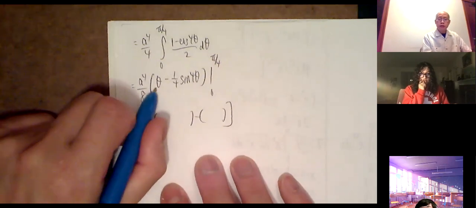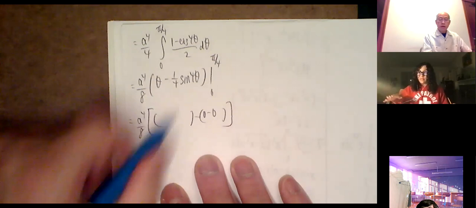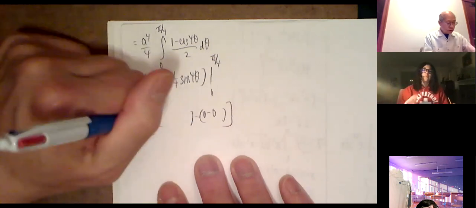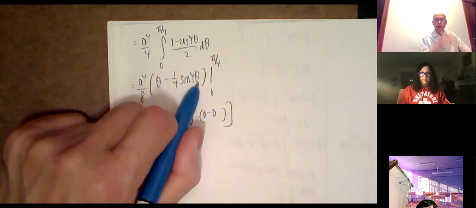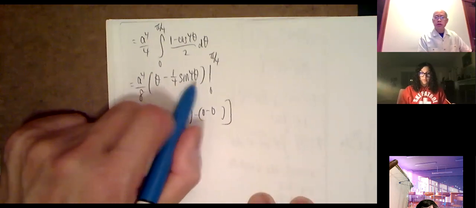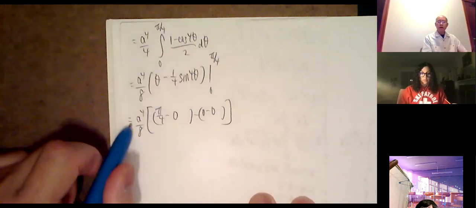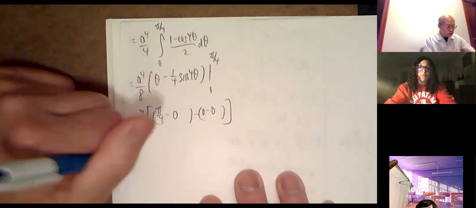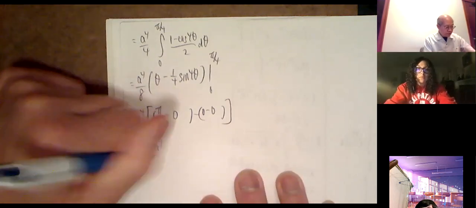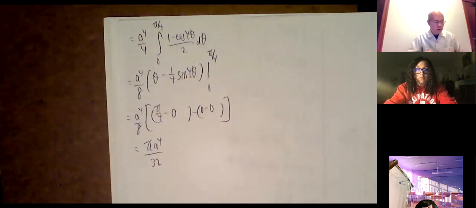You plug in 0, that's 0, sine of 0 is 0, so 0 minus 0. Plug in pi over 4. 4 times pi over 4 is pi, sine of pi is 0. So these are all gone. So it looks like I have pi a to the fourth over 8 times 4 is 32. Pi a to the fourth over 32. Okay, so that's that one.